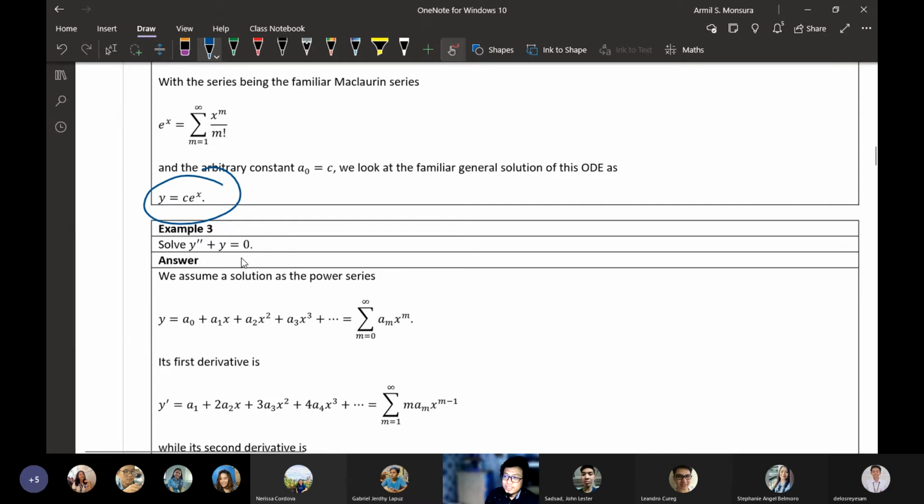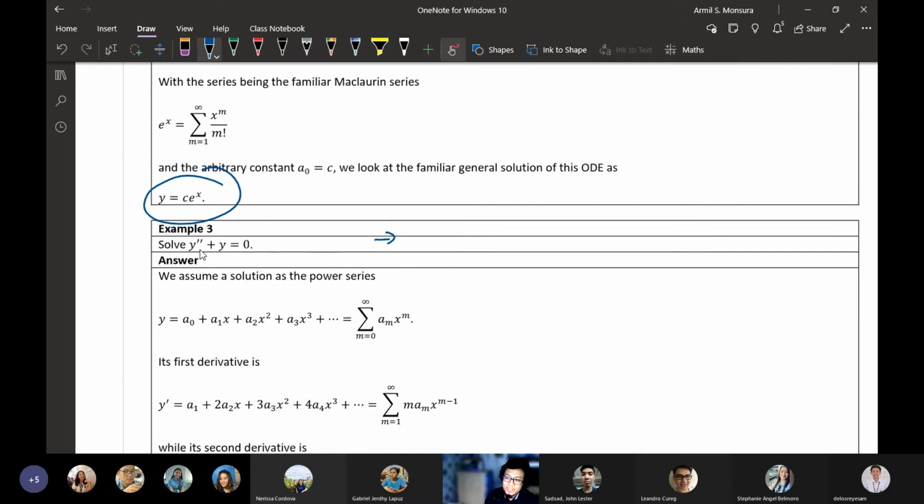Again, this equation can be solved using elementary methods. Sige ganito, try natin. Siguro sa drilling naman to eh. Okay. Since homogeneous naman to.